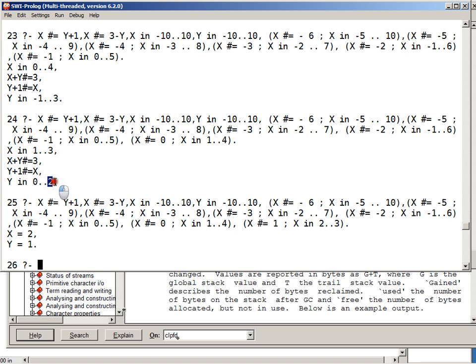X being equal to 2 here, the maximum is 2, means that x cannot be greater than 2 here. X cannot be equal to 3, so that eliminates the solution, and we are forced into a unique solution.